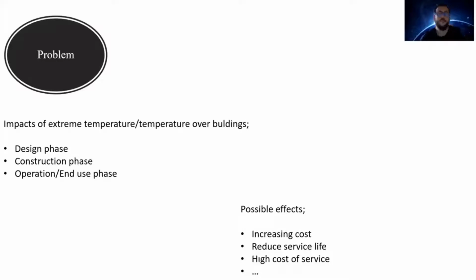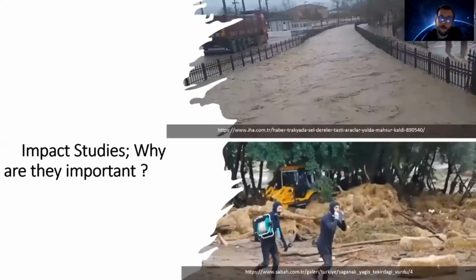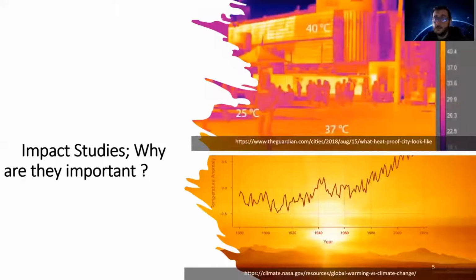So, when we look at the 3 phases and the possible effects, we can see that buildings are going to be impacted by temperature or extreme temperature during their life cycle, design, construction, or operation phase. So, we need to study the impacts. What can be the consequences?